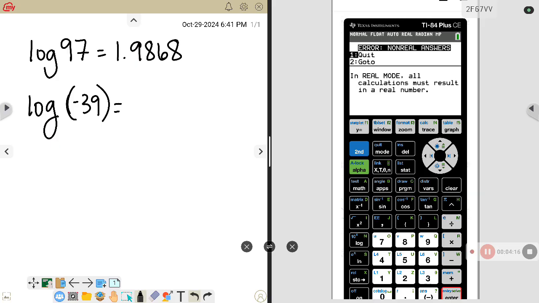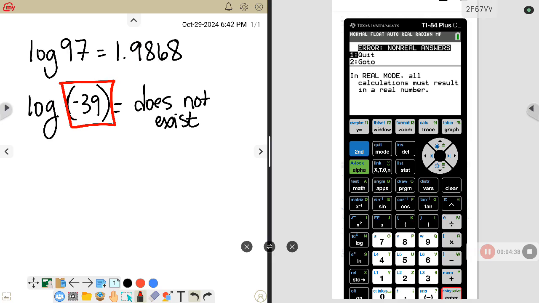So this answer does not exist. Because remember, when you are finding a logarithm, you are finding what power the base of the log needs to be raised to in order to equal what is in this position.